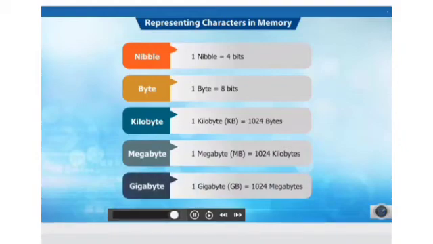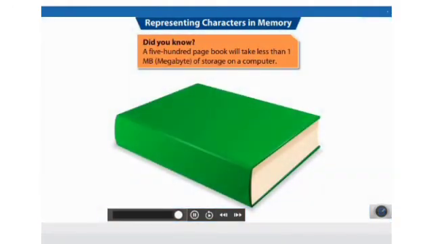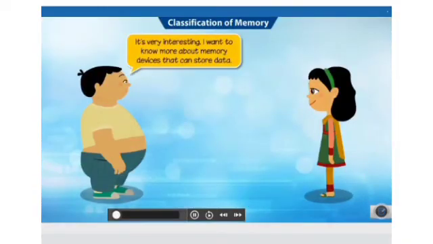Similarly, 1 gigabyte or 1 GB is equal to 1024 megabytes. Do you know a 500-page book will take less than 1 megabyte of storage on a computer? It's very interesting. I want to know more about memory devices that can store data.